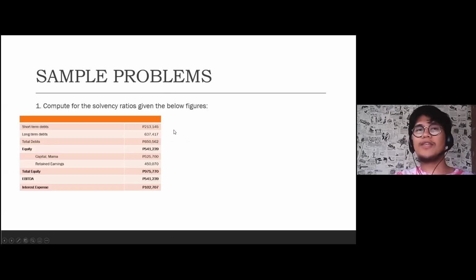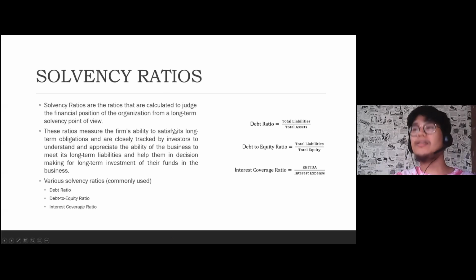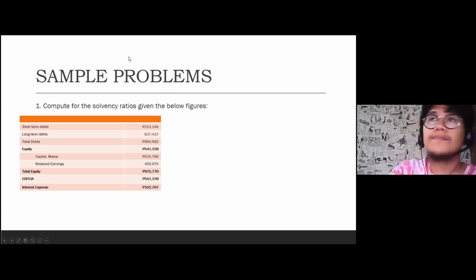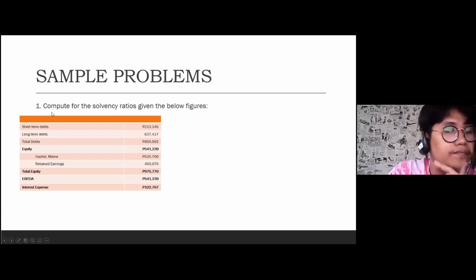So the debt to equity ratio formula again is your total liabilities over your total equity. By the way, guys, yung debt to equity ratio is being represented by a percentage.